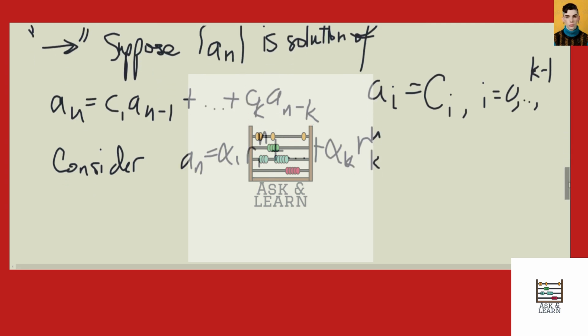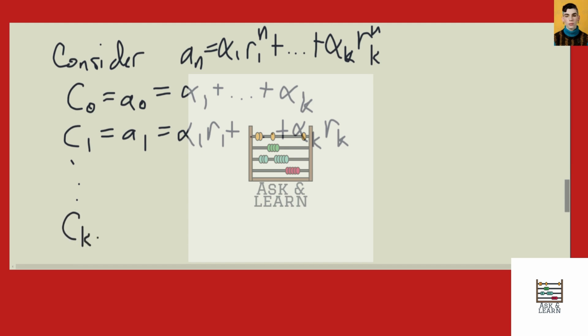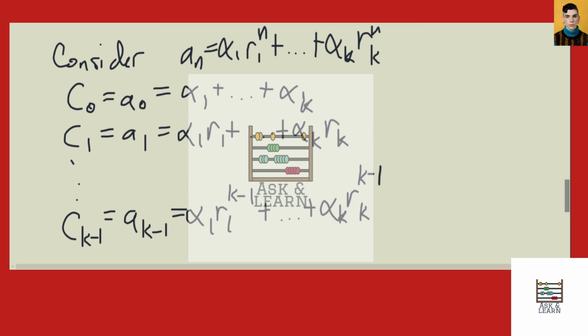We have that the initial conditions c0, this is equal to a0, which is going to be alpha 1 plus out to alpha k, and we have that c1 is equal to a1, which is alpha 1 r1 plus out to alpha k rk, and likewise all the way down to ck minus 1, which is equal to a k minus 1, which is alpha 1 r1 to the k minus 1 plus all the way out to alpha k rk to the k minus 1.